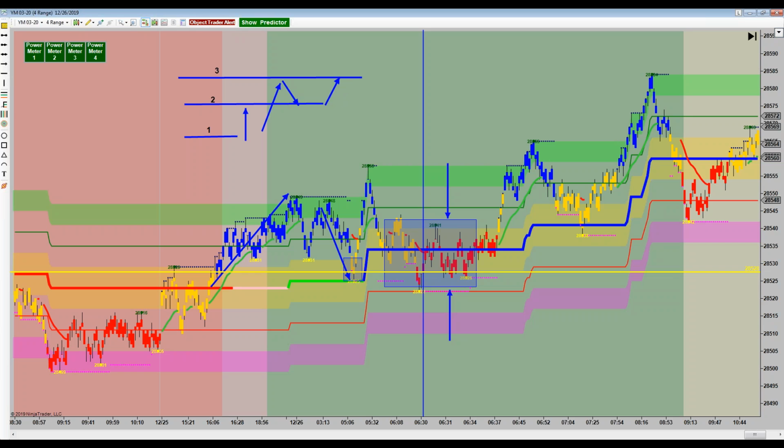You hit your head there until you can get through it. Does that make sense? You take an elevator or stairs, you get through 3, and now you can continue on up to 4. If I drew a 4, the floor of 4 would now become resistance, and on any pullback, where you're standing on level 3, level 3 is now support.